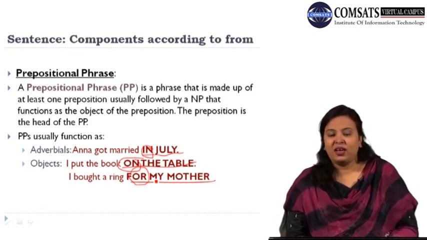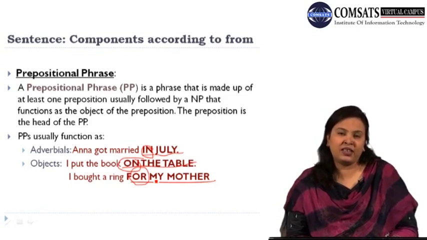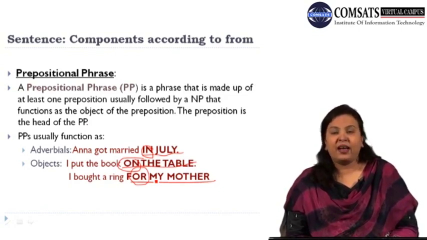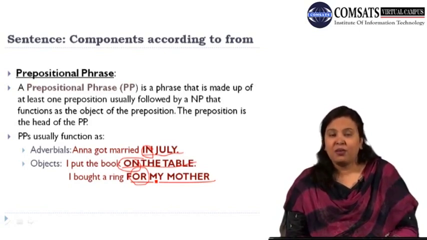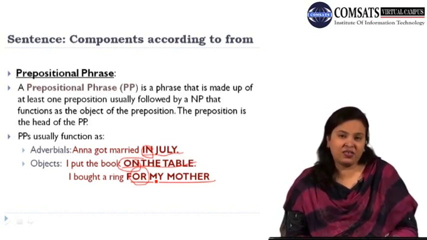Now, as I mentioned in the previous example, prepositional phrases sometimes act as adverbs. An interesting fact is that these prepositional phrases do not only act as adverbs sometimes, but they also act like adjectives sometimes.